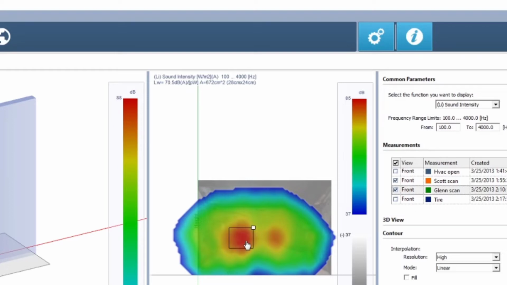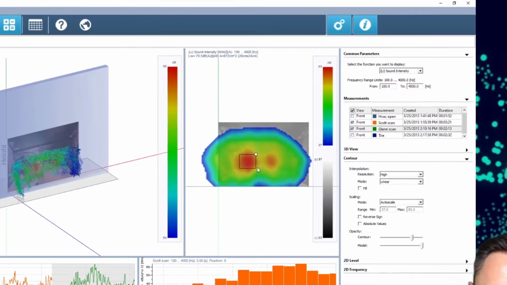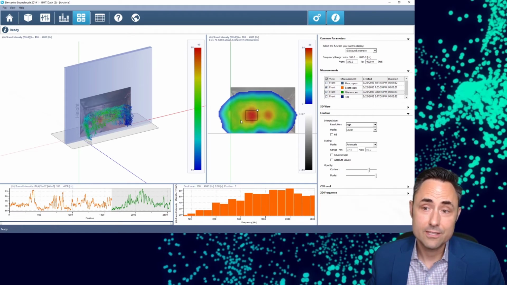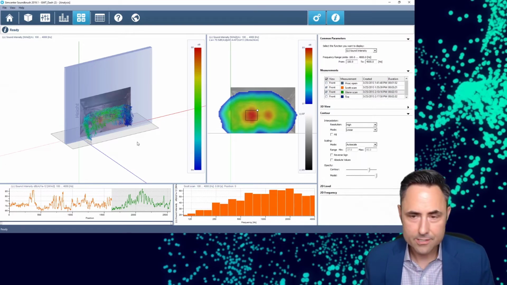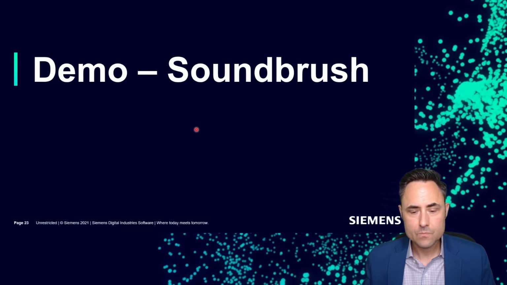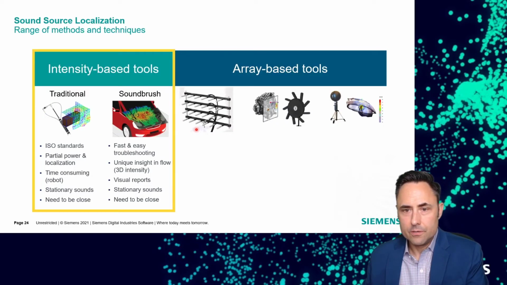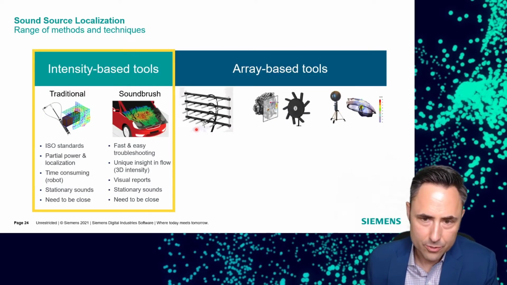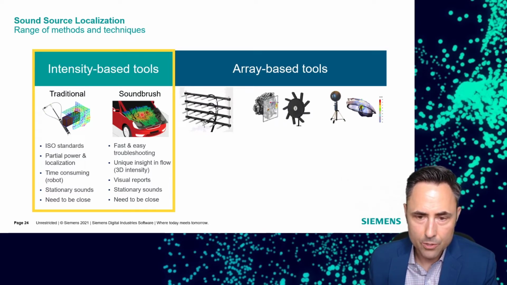This guy alone is 70.5, so he is the majority of my sound power getting through. And so I can do some very, very compelling sound power analysis even from this 2-minute sound intensity test with my SoundBrush. Okay, so very, very compelling result in 3 dimensions. SoundBrush, love it.